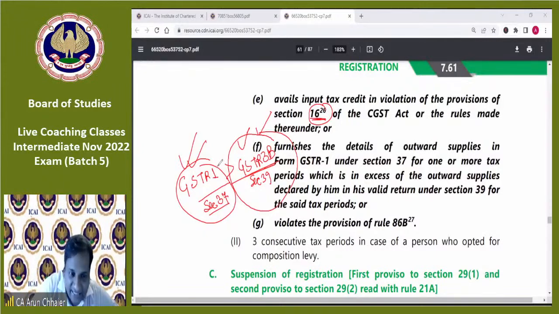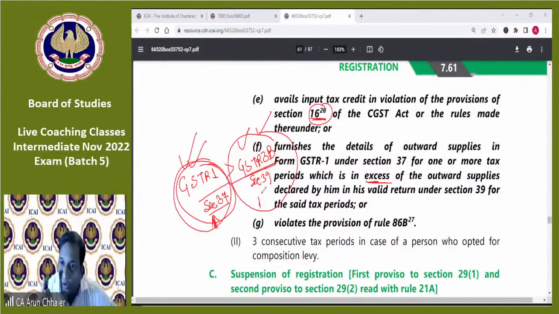So if the GSTR-1 furnished the details of the outward supply which is in excess, but the outward supply reported in 3B is lower, the reason is that in 3B we need to pay the taxes. So by this, the registered person is paying lower taxes.